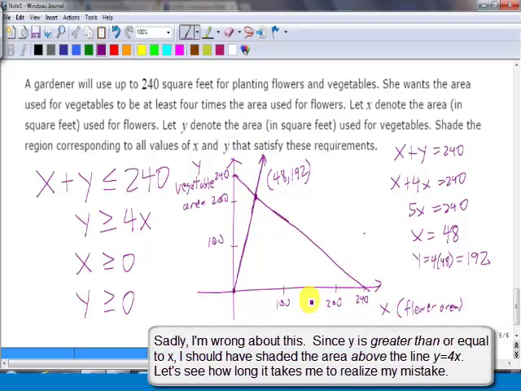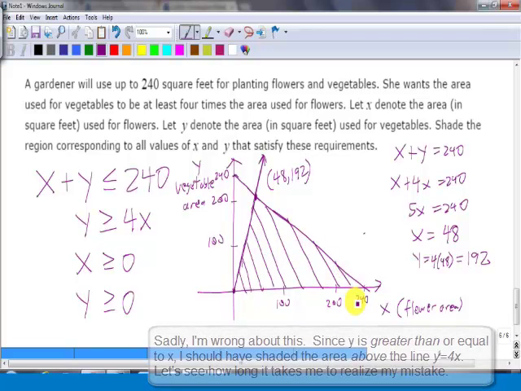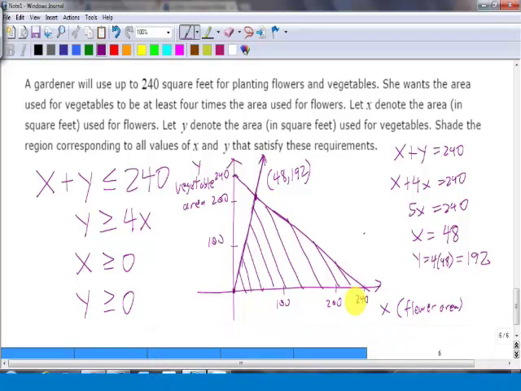So I'm thinking it's going to look like this. I'm thinking she needs to pick a point somewhere in that shaded region. And if she does, the total area will be less than or equal to 240 square feet.